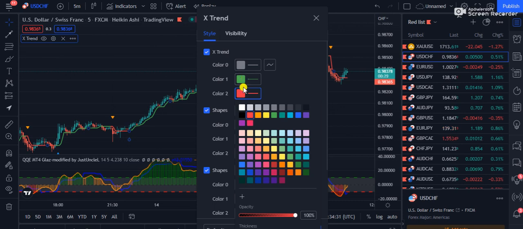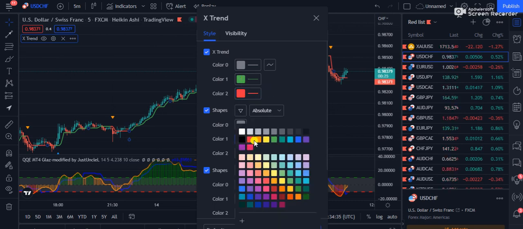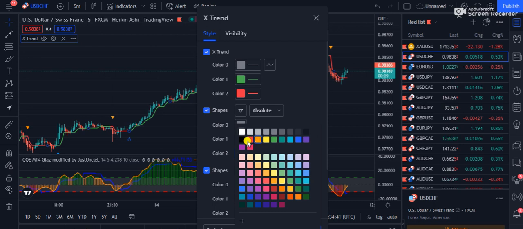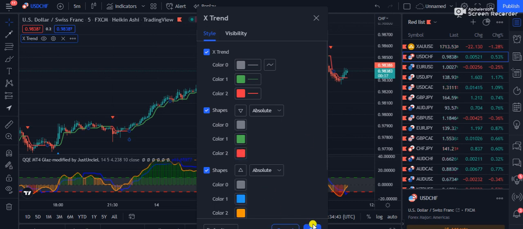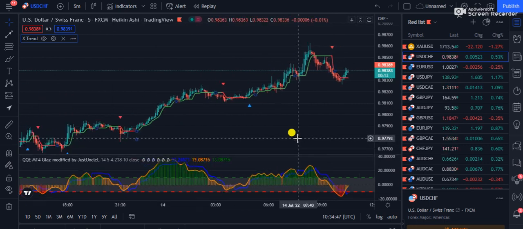Green for buy and red for sell. So color 1 is green, already done, and color 2 is the red color. Now I'm going to press OK, and let's see how the strategy looks right now.